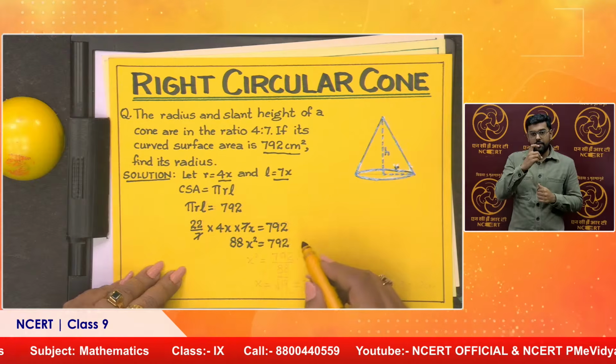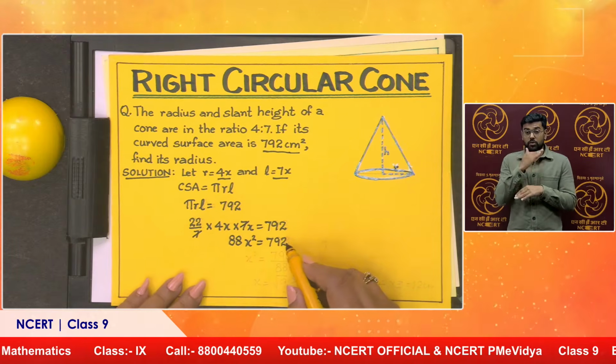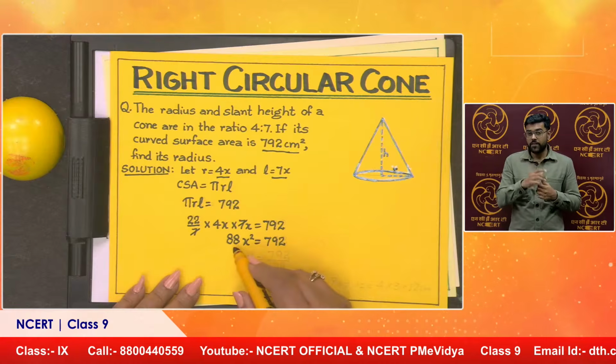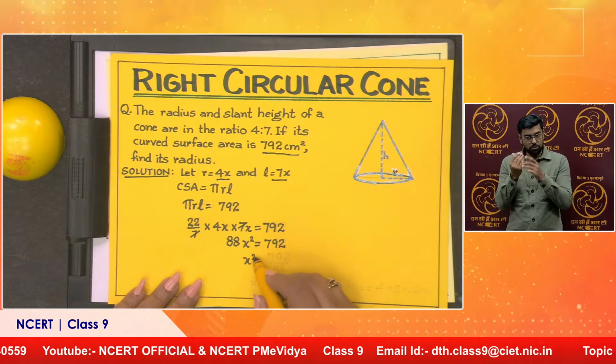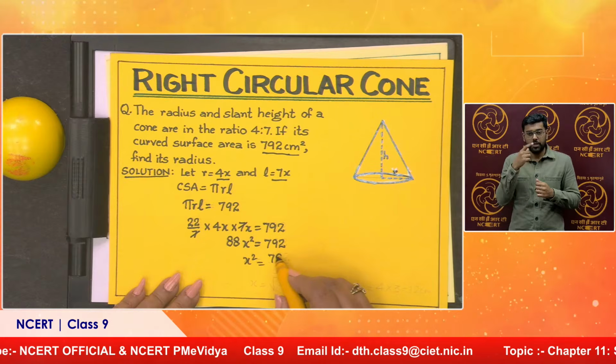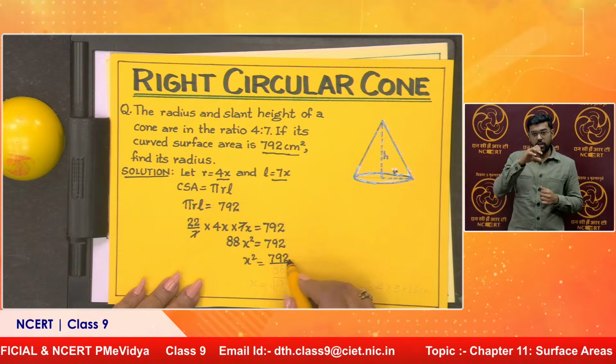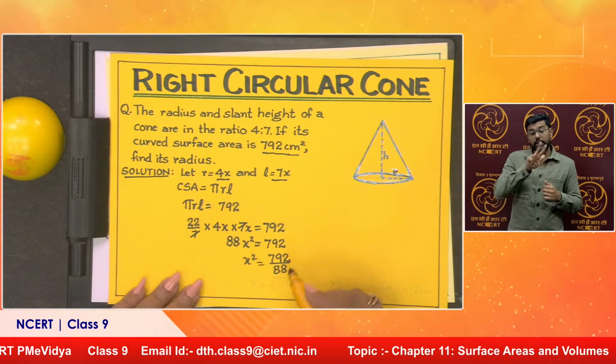Here children, let me remind you of the divisibility rule of 11, because 88 seems to be a multiple of 11. So, I will try to use that and I will try to cancel 792 and 88 with 11. What is the divisibility rule?